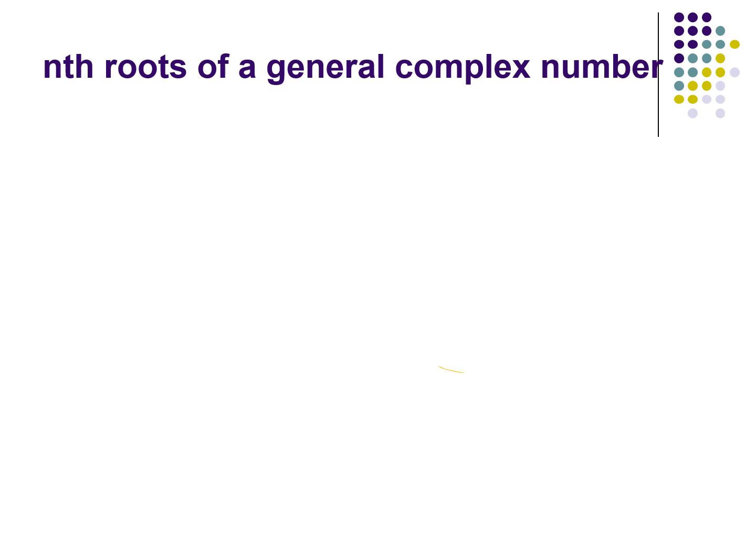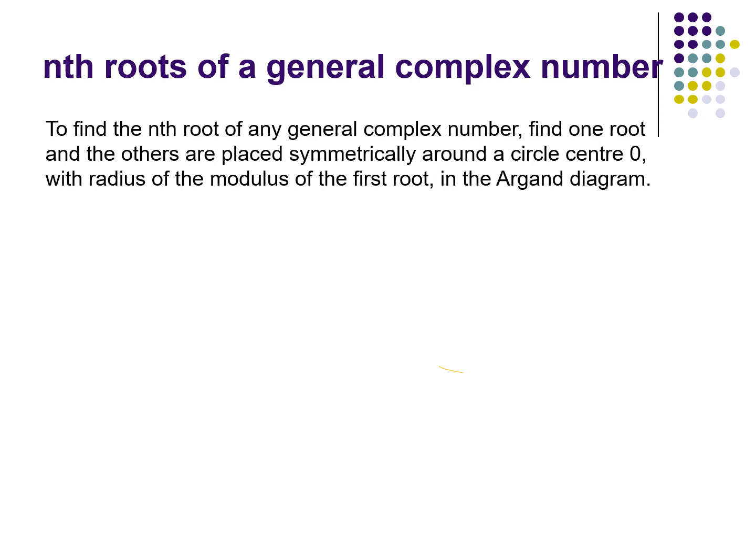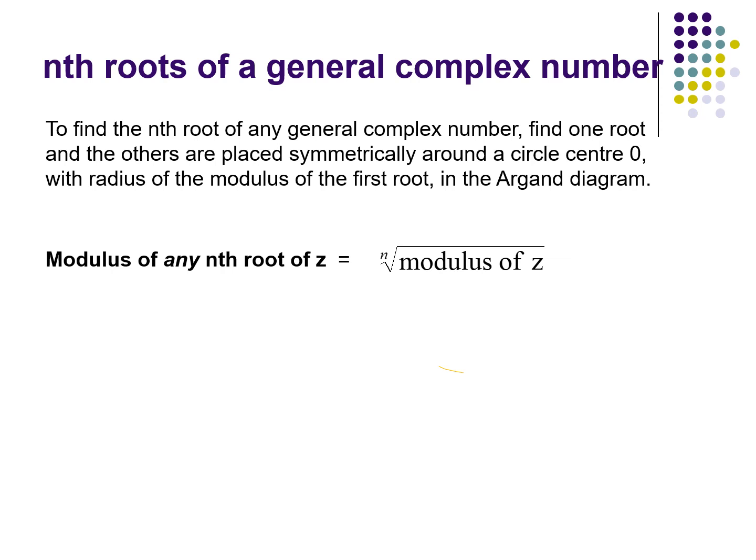Okay. So if you think what we need to do when we find the nth roots of any general complex number is I need to find one root, and then the others will be placed symmetrically around a circle. Now it won't necessarily be a unit circle, it depends on the modulus of the roots that you get. How are we going to find the modulus of the roots we get?